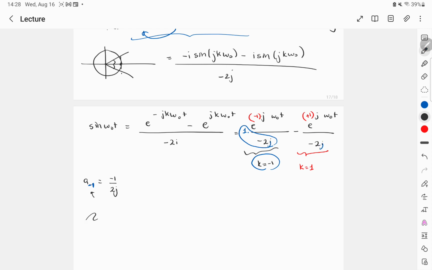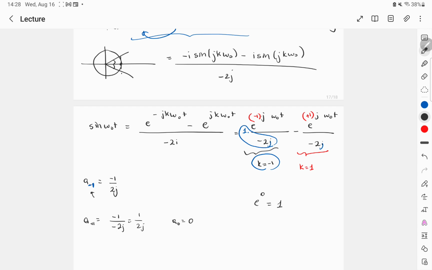And then similarly, a plus 1 equals minus 1 over minus 2j, which gives us 1 over 2j. And that's it. And we have a 0 equal to 0, because we don't have any value, so it means it was e to the power of 0, and it gave us 1, and so that we didn't show it.